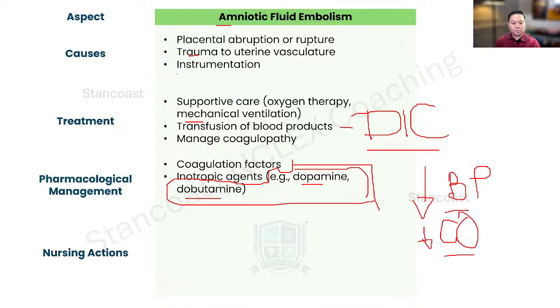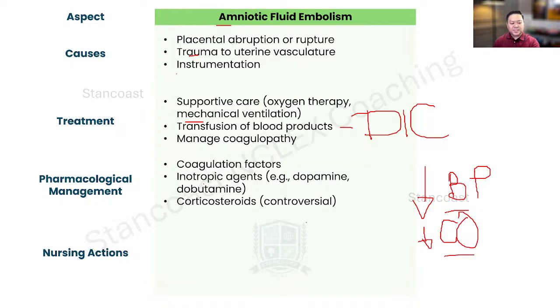That's the reason: perfusion to the major organs and to keep the hemodynamic status normal, at least. And expect that in the amniotic fluid embolism, it is still controversial though, but they have seen some promising effects of the use of corticosteroids, according to the evidence base that I have checked for the most recent ones. It's still controversial, but had been effective.